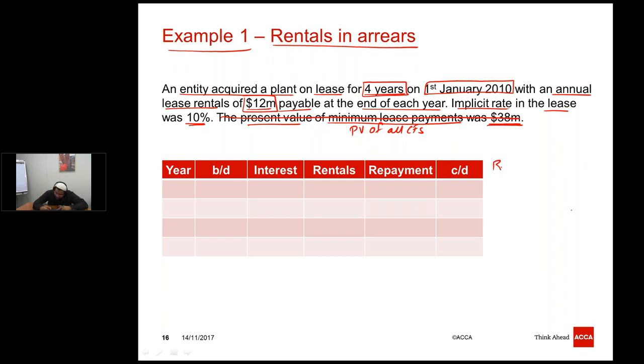The entry is right to use debit, lease liability credit, by the present value. For years 1, 2, 3, 4, the cash flow is 12 each year, discounted at 10%.